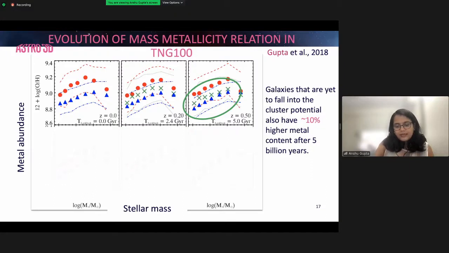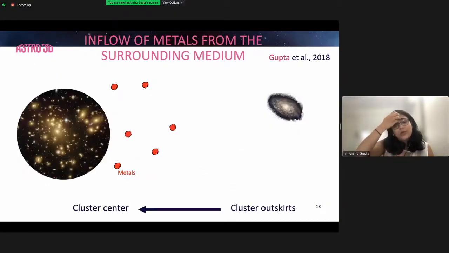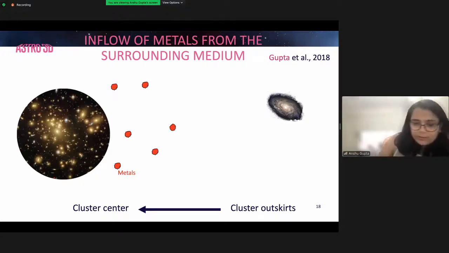And another thing that we figured out through this work was, why was the metal content of these galaxies in higher density environment higher? Because it is higher by 10% or 20%, depending on which sample you're looking at, but why is it higher? And we figured out that because in simulation, you can track where the gas in the galaxy is coming from, you can ask this question.